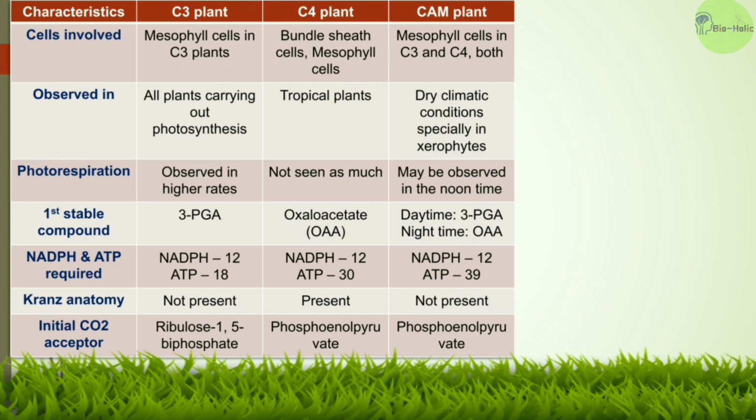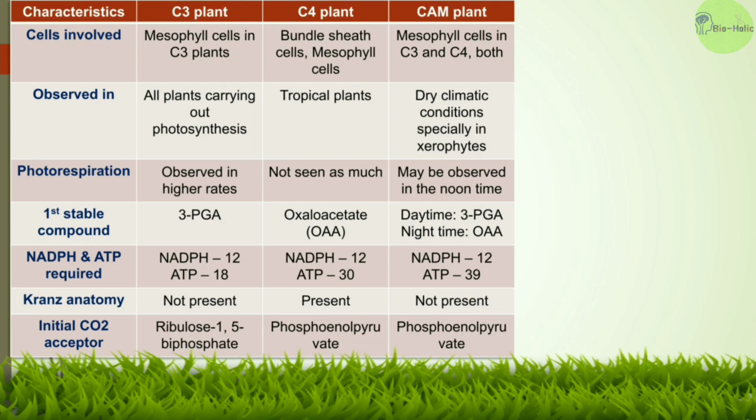The C4 plants are mainly the tropical plants, and the CAM plants are those plants of the dry climatic conditions, especially the xerophytes. And obviously in the C3 plants, photorespiration is seen at higher rates, but in C4 plants there is no photorespiration, but in CAM plants photorespiration may occur at noon time.